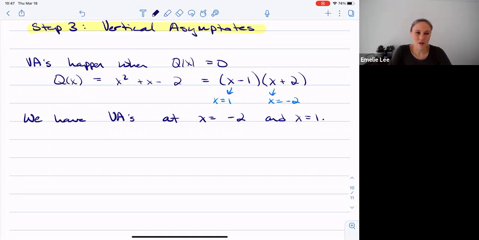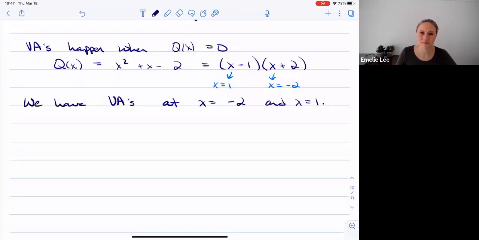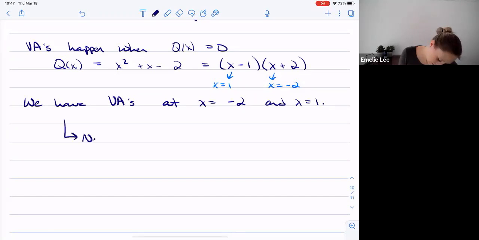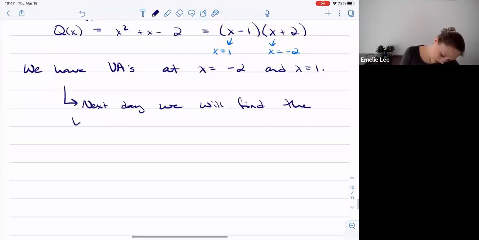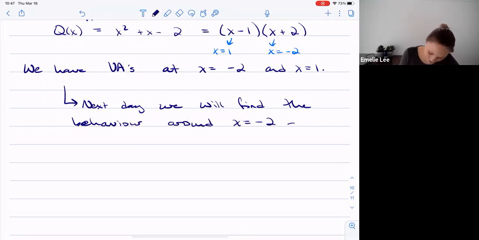All right, so what I want you to try to do, because I know I'm out of time here-ish, got like another minute or two, but now the next step, so next day, we will find the behavior around x equals -2 and x equals 1 using test points.